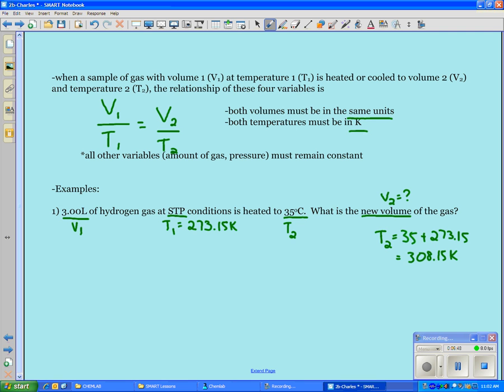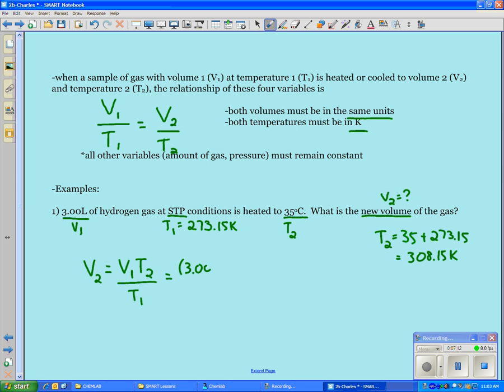This relationship or mathematical formula is a little bit more difficult to rearrange. Make sure that you know how to solve for each of those 4 variables. If we rearrange to solve for V2, we want V1 times T2 over top of T1. Now that we've converted our temperature, we can substitute in all of our values.